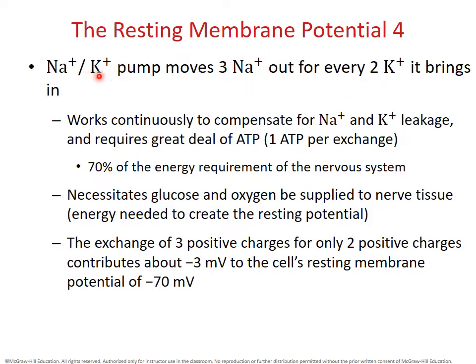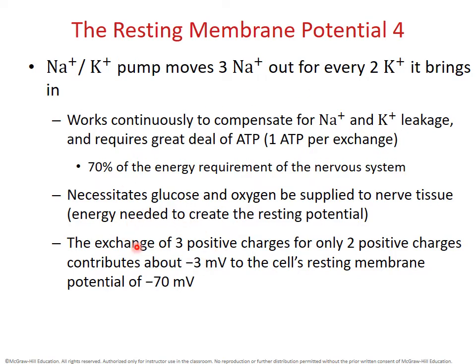If every time the sodium-potassium pump performs an exchange, we lose 3 positive charges from the cell interior, but only replace that with 2 positive charges, that is going to result in the interior of the cell becoming more negative, or in other words, less positive, because I'm not replacing every positive sodium with a positive potassium.